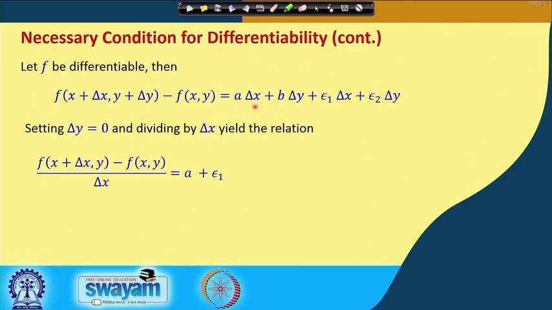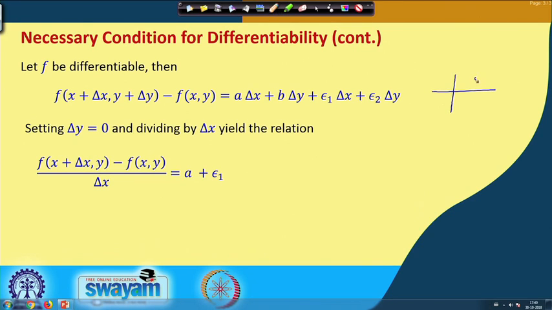That will be equal to a, which will remain, and then here delta y is set to 0, so this term is 0, and then epsilon 1, because we are dividing by delta x, and this term will go to 0 because we have set delta y to 0. Because again we are in the neighborhood of this point x, y.